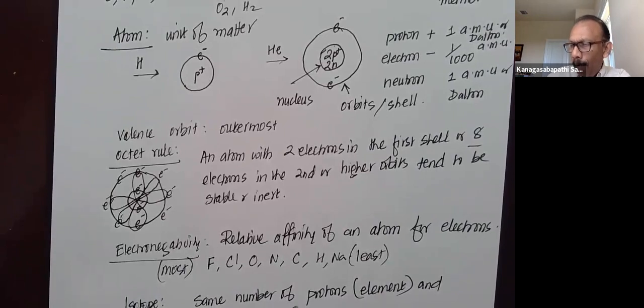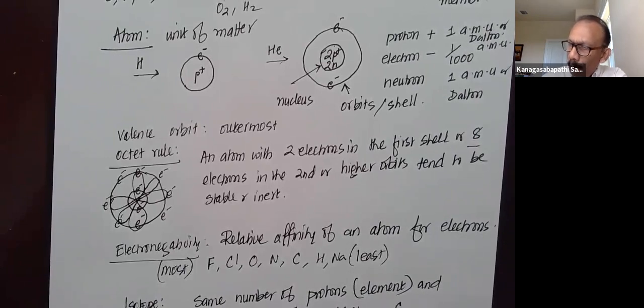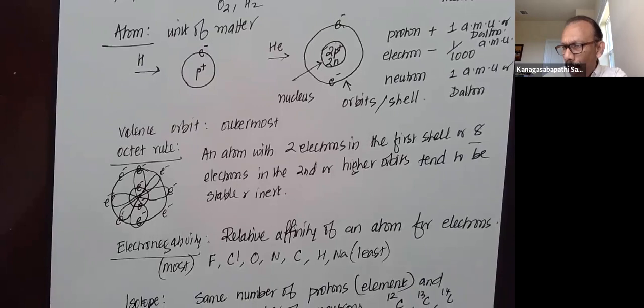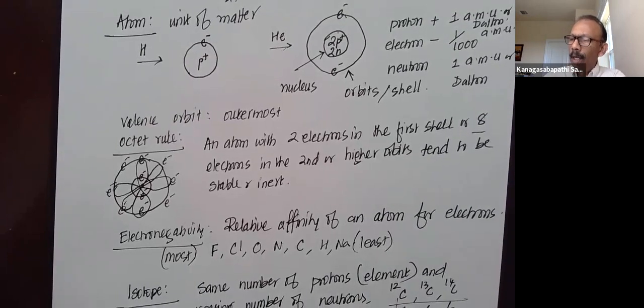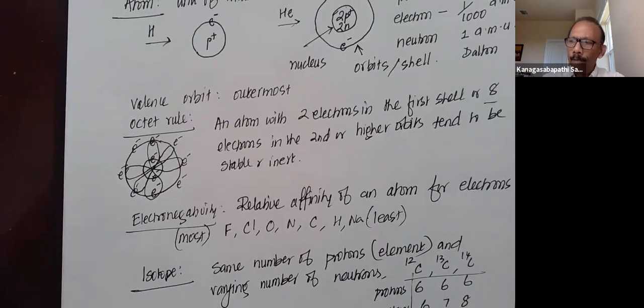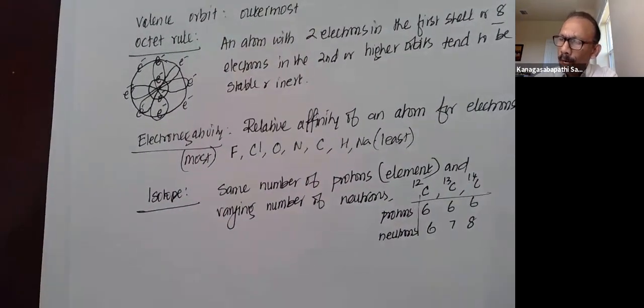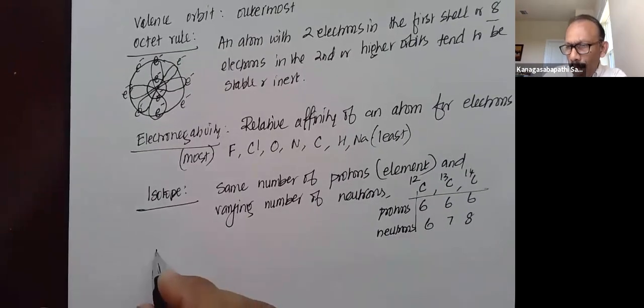That is where you have carbon 12, carbon 13 and carbon 14. The protons are going to be 6, 6, 6, and the neutrons are going to be 6, 7, 8. That's how carbon 14 and carbon 12 vary from each other. So you want to understand where the isotopes are coming from, okay?